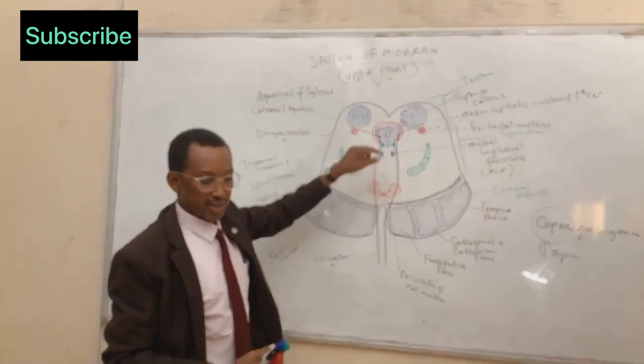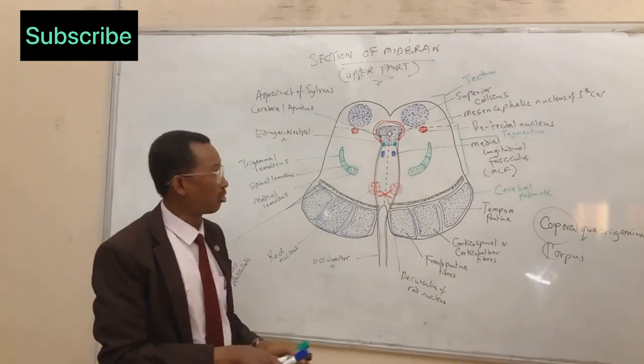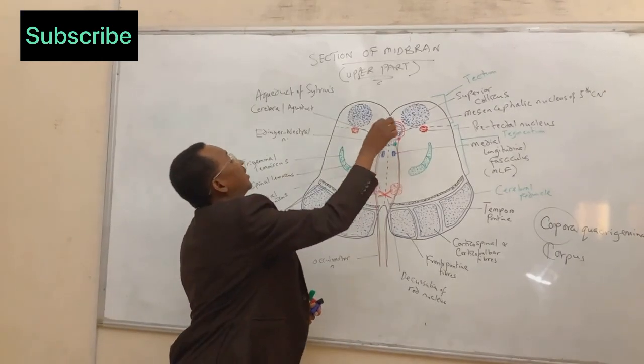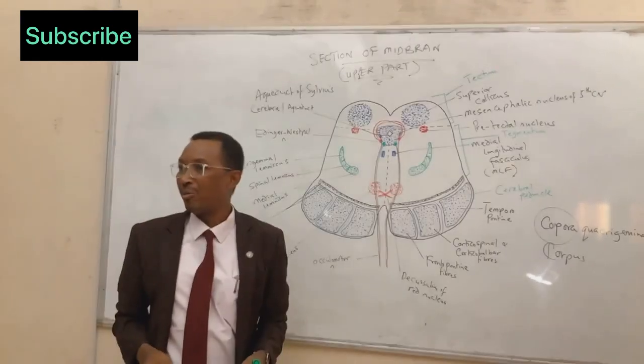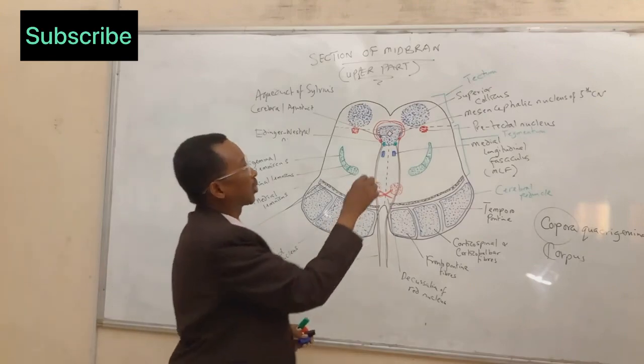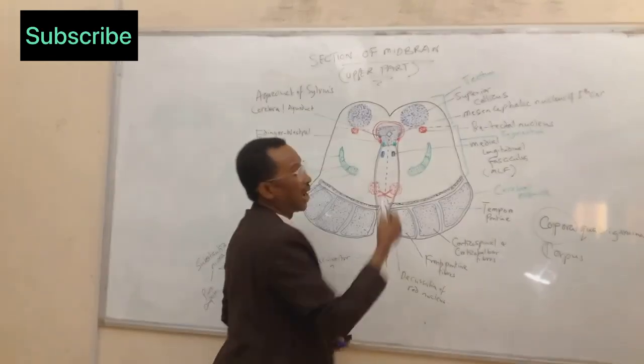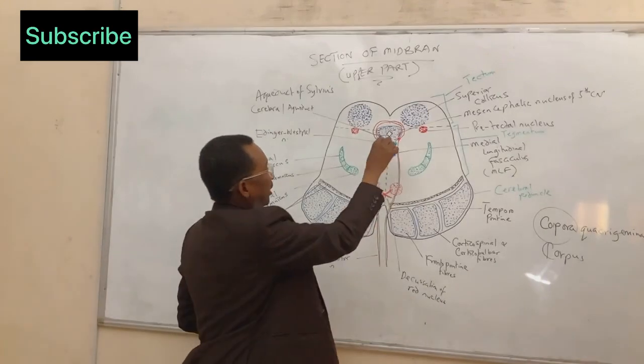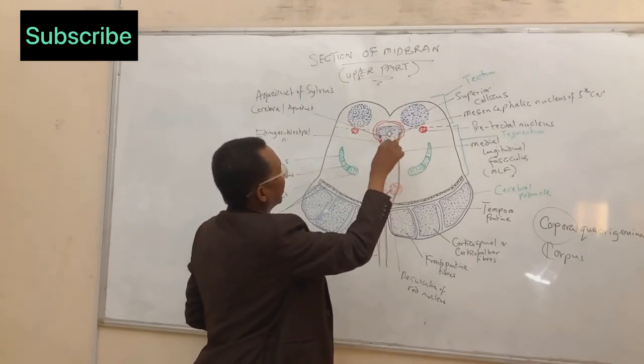The aqueduct is surrounded completely by a sheet of gray matter called the periaqueductal gray matter.